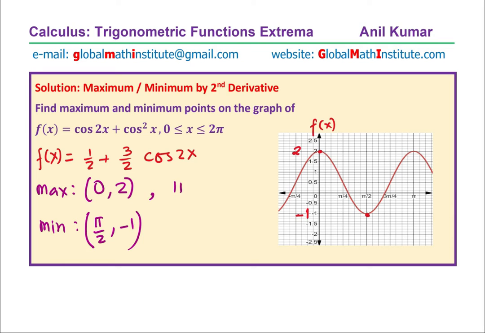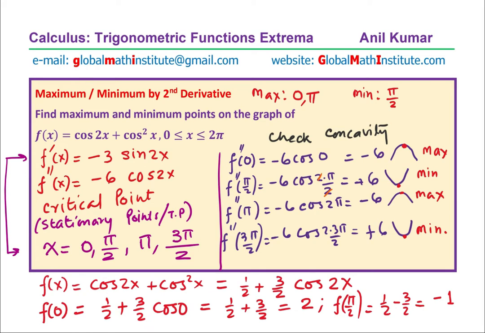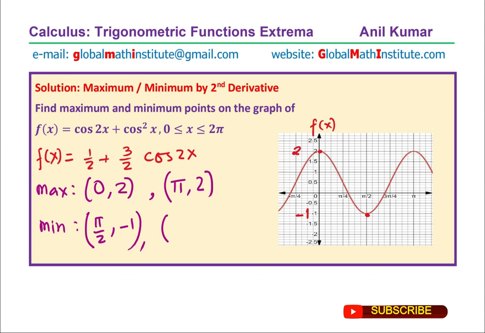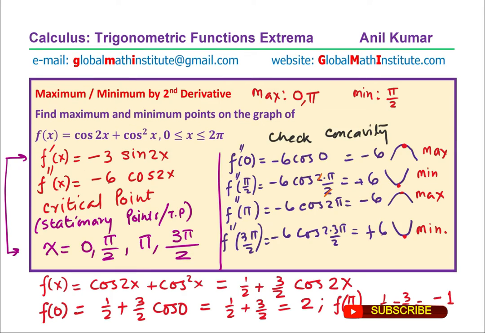And then at pi, we had the maximum value again of 2. And then the next point was pi by 2 and pi, right? 3 pi by 2. So there were 4 critical points. Rather, there should have been 5.